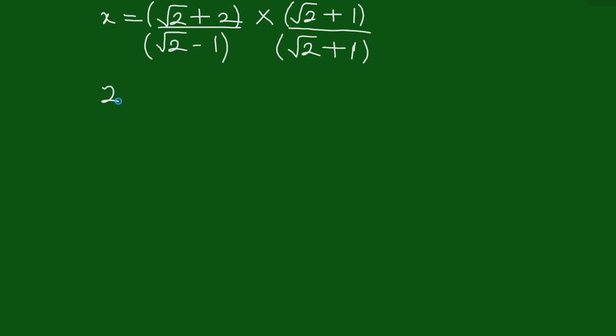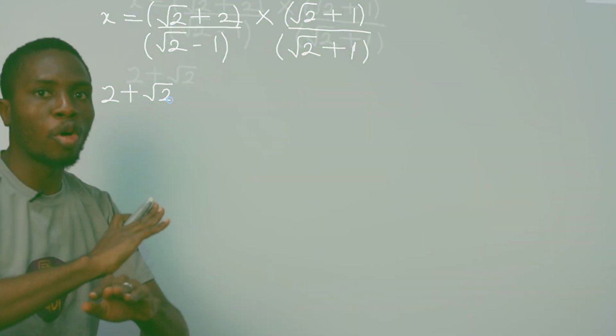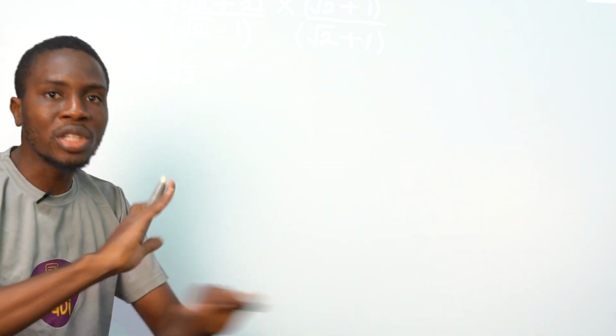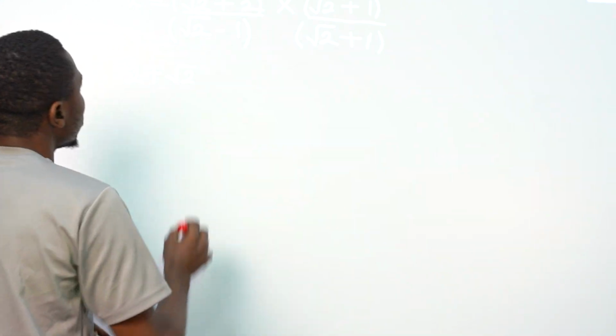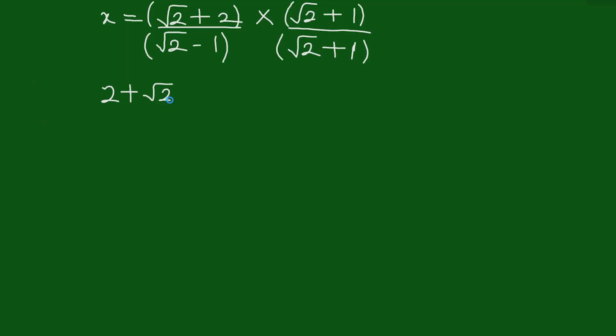Root 2 times 1 will be plus root 2. Also, take note of the signs. The positive sign is always invisible, you don't need to call it. It remains positive. 2 times root 2, we have plus 2 root 2. And we have plus 2 times plus 1.